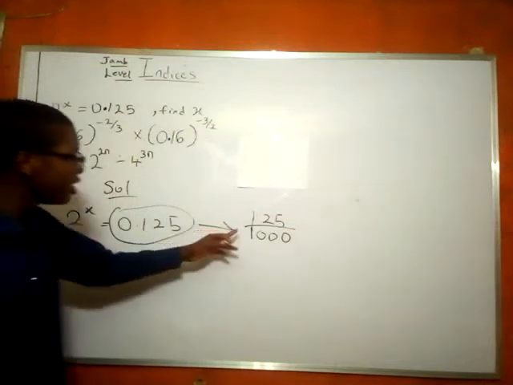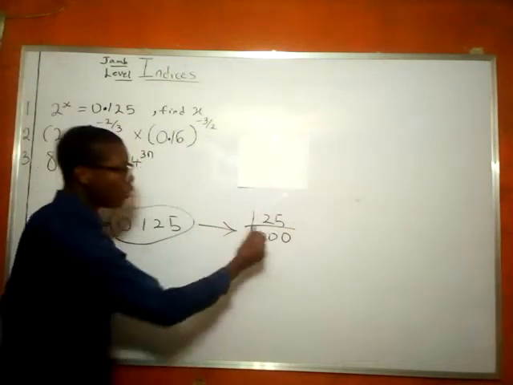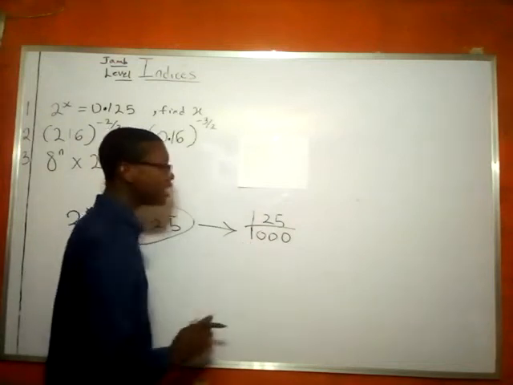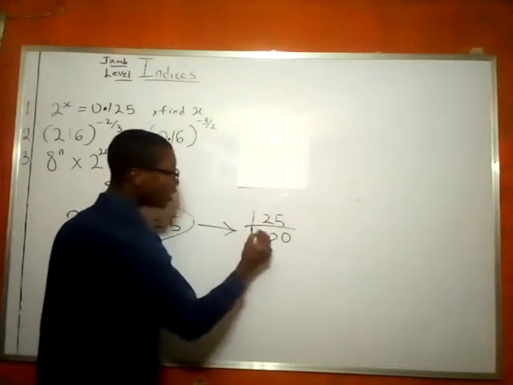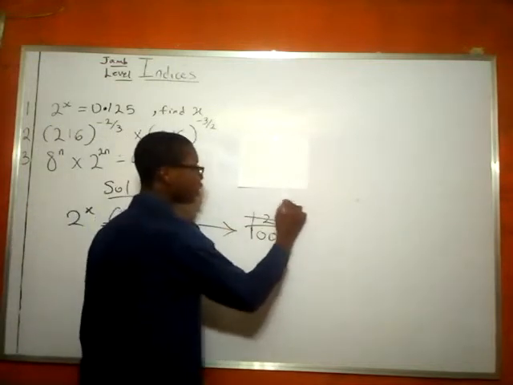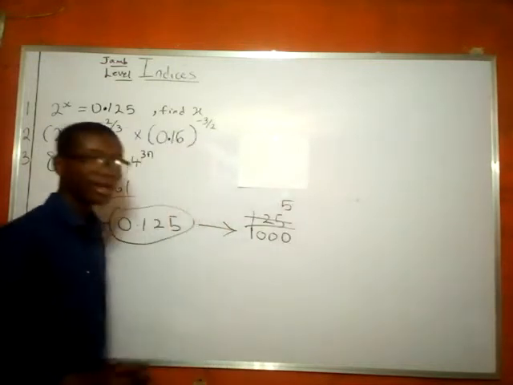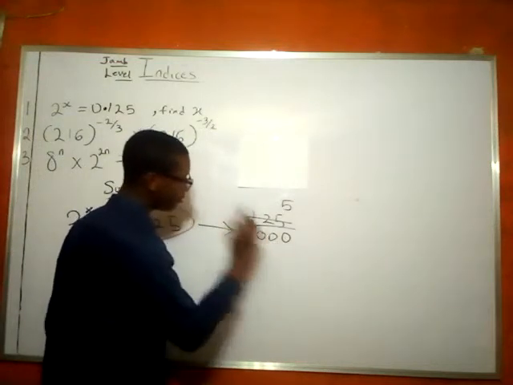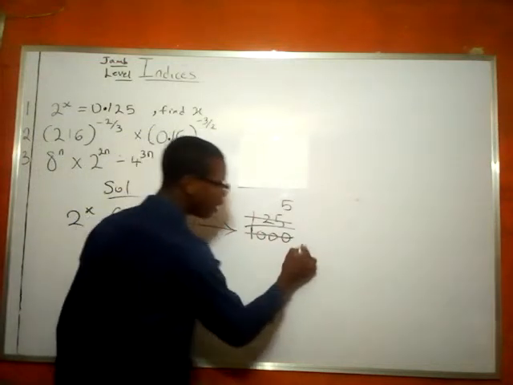As you notice, 125 can be divided by 25 and 1000 can also be divided by 25. So let us go ahead to divide 125 by 25, which will give us 5. And if you divide 1000 by 25, you have 40.